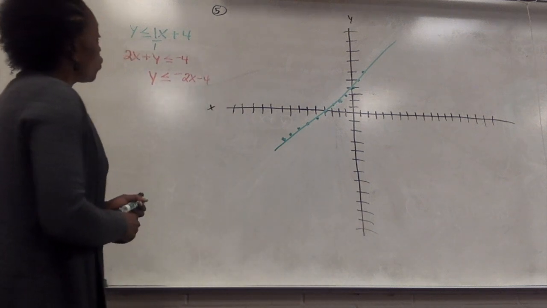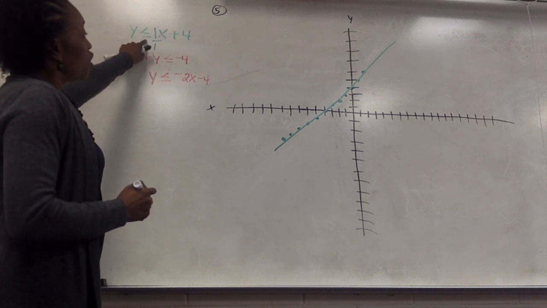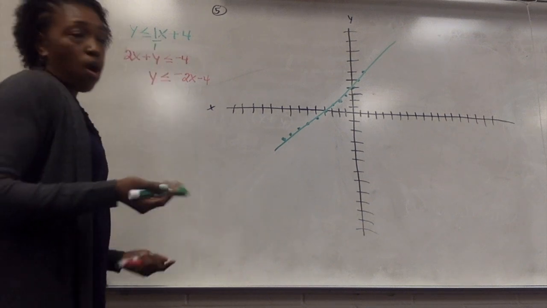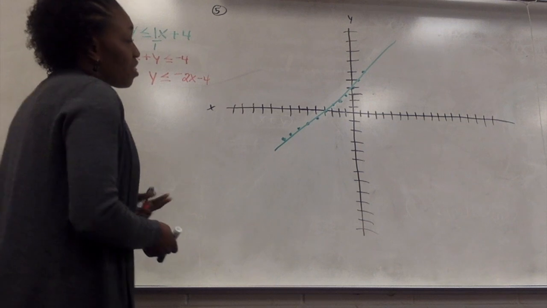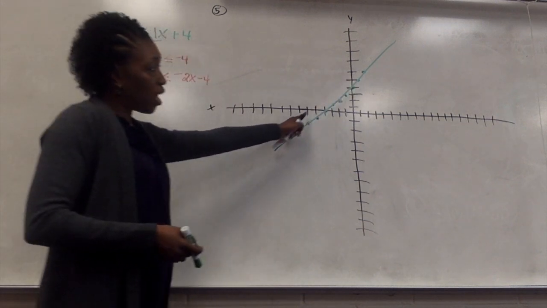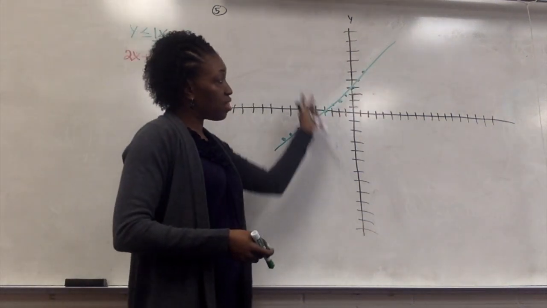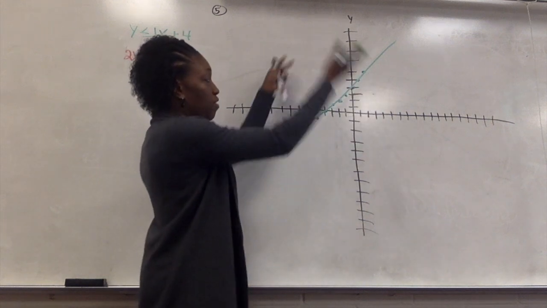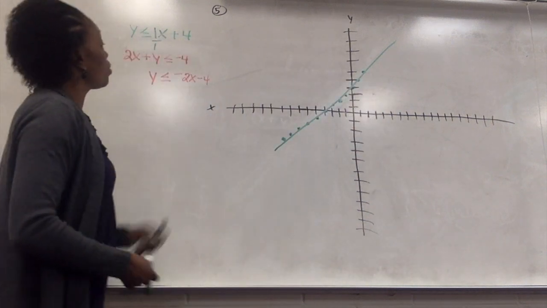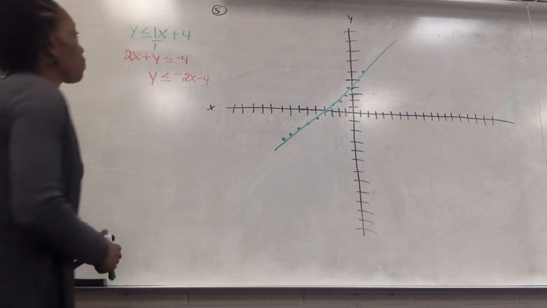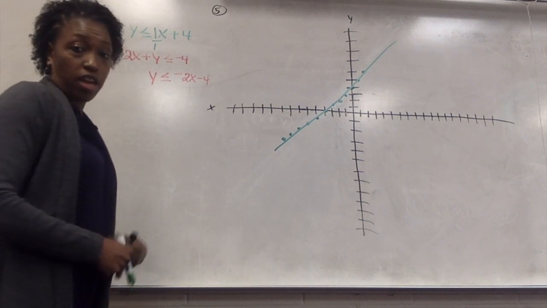So I'm going to go next to shading. Inequalities also include the dots that are on the line as well as dots that are off the line. So we have spaces outside that can also be included in this inequality. So it's not just one answer. We can have more than one.